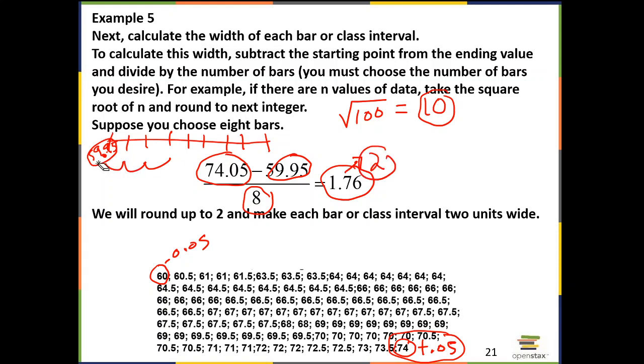So we start with 59.95 and keep adding 2 to get all of these boundaries all the way to the end. Remember, if you round the length of each interval up, making it a bigger number, then your largest boundary is going to be pushed back a little bit, but that's okay.